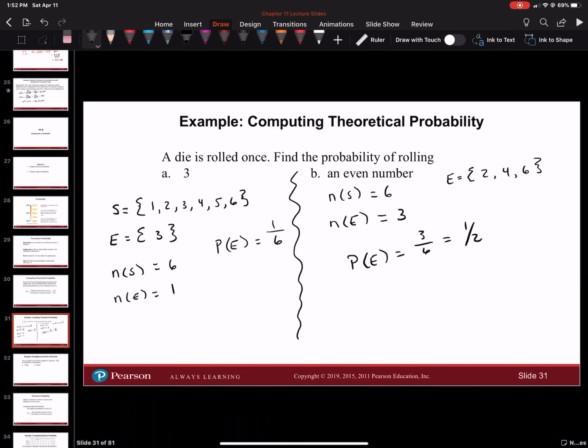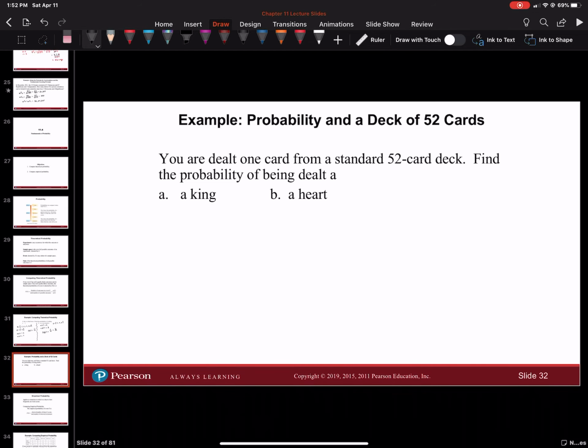So let's look at some more examples. It says you are dealt 1 card from a standard 52 card deck. Find the probability of being dealt a king. Now, it tells you what your N of S is. Well, we know it's 52. Now, we have to figure out what your N of E is.